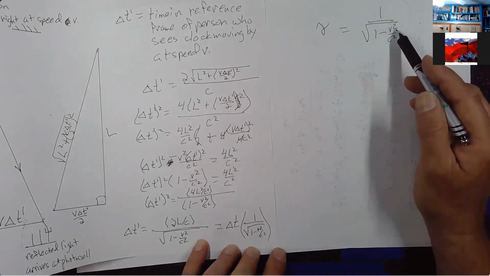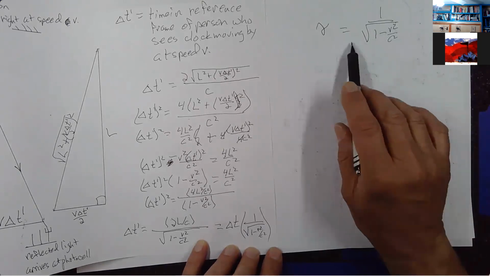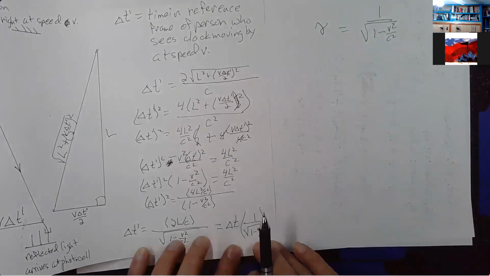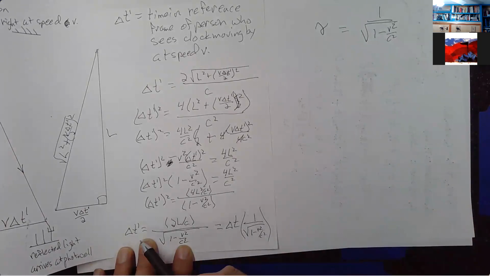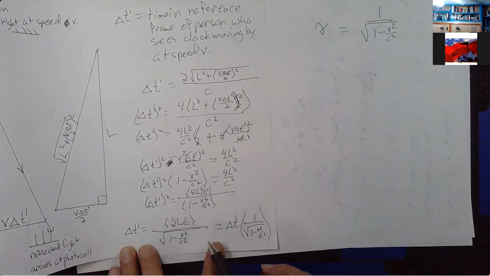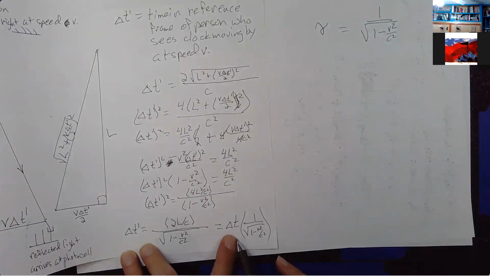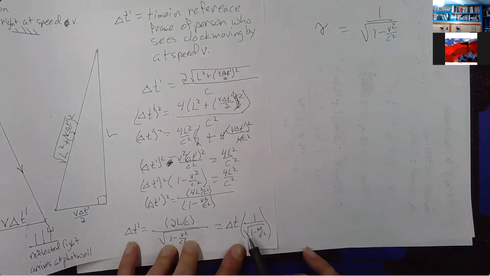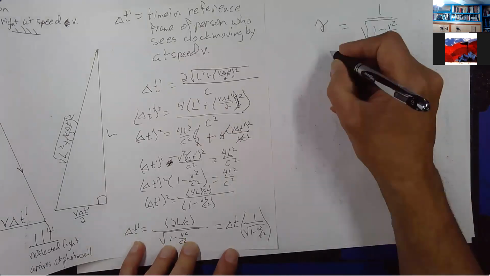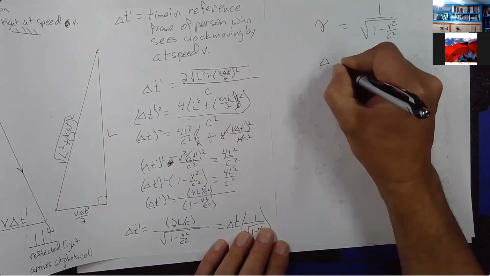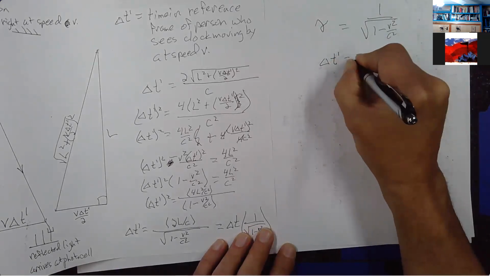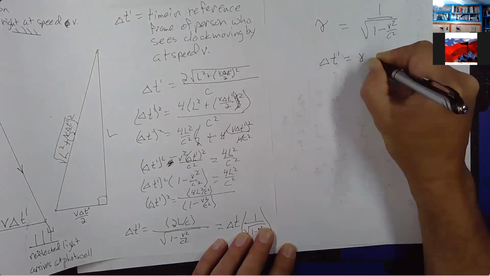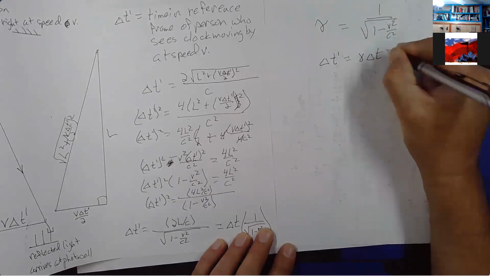For very low speeds, this is going to be approximately 1. And so the moving clock and rest frame values will be practically unmeasurable, unless you have something like an atomic clock. But much of the time that'll be the case. At any rate, this simplifies to just delta T prime is equal to gamma delta T.